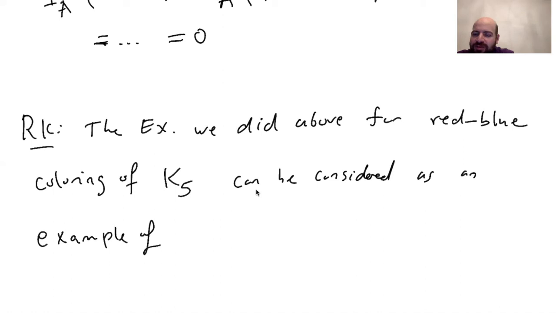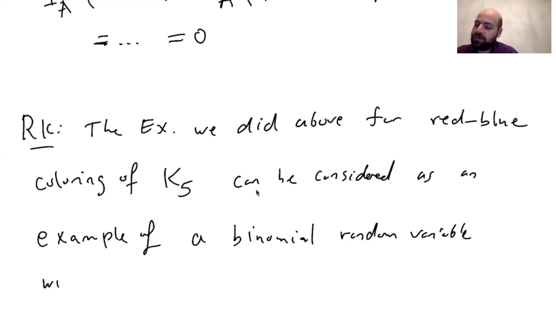Each trial had two possibilities. Here we call them red and blue, but we could call them success and failure, and the probabilities are small p and 1 minus p. Because we said randomly and unbiased, we consider each probability to be 1/2, since there's no bias in favor of red or blue. So it was an example of a binomial random variable with which parameters?